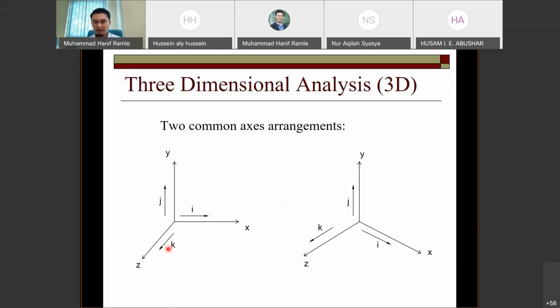Another arrangement is the second figure, on the right side. You can see the arrangement is a bit different from the first one; it can be looked at as an isometric view. Only the y axis is not isometric.